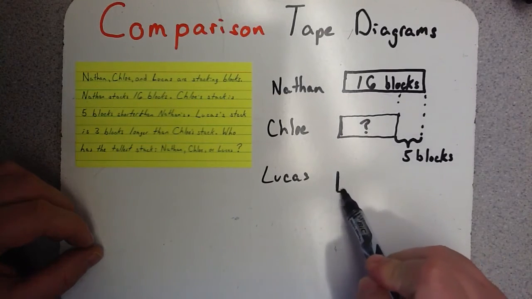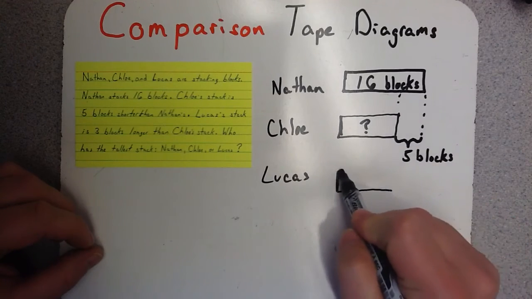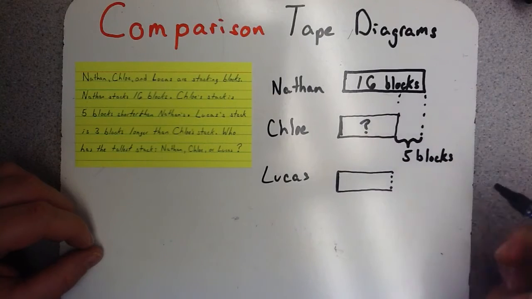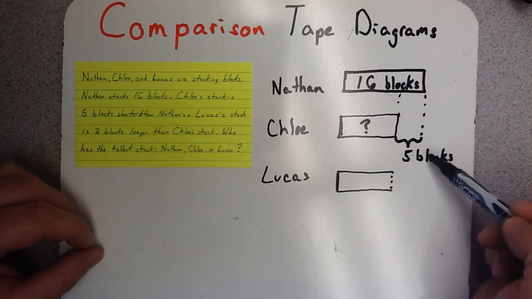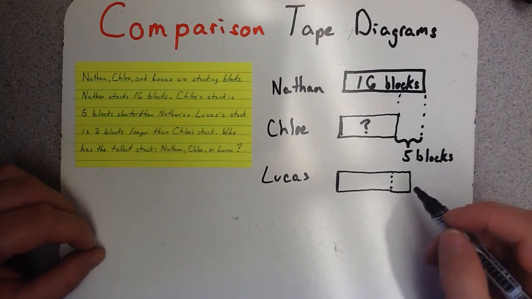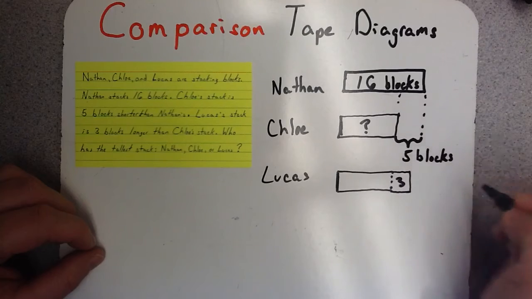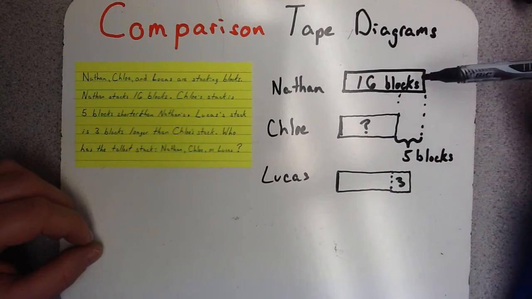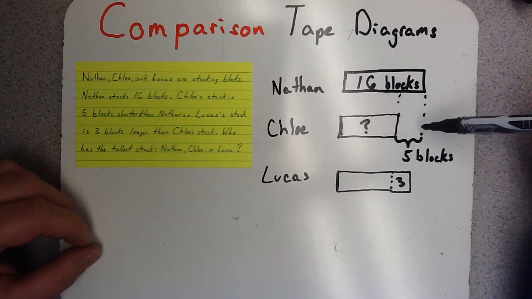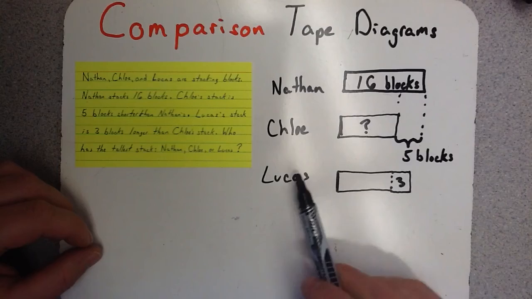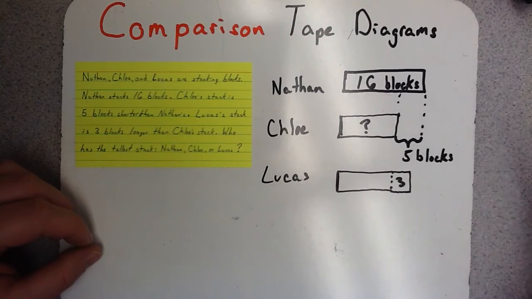Well, if I go to here, right there, that's exactly the same as Chloe, so I need to move 3 more blocks. Well, this is 5, so I know it's right around there. And I know this is 3 blocks right there. Okay, so Nathan's is 16, Chloe's is 5 fewer or shorter than Nathan's, and Lucas is 3 more than Chloe.